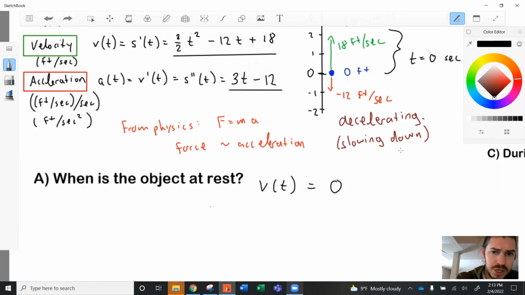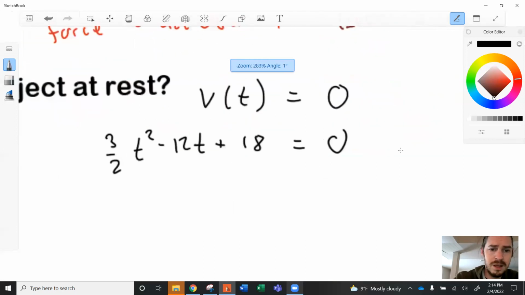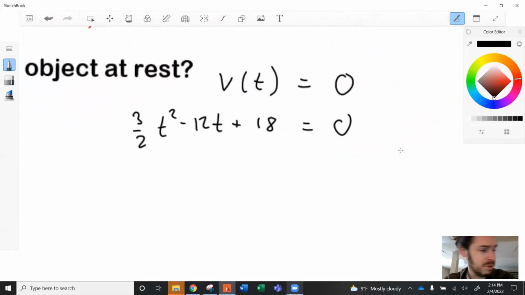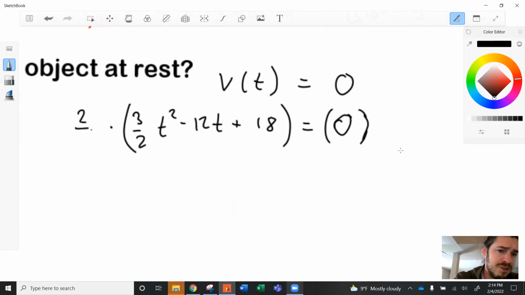So I'm going to write this equation. It is our velocity function, 3/2 t squared minus 12t plus 18 equals 0. Now let's try to solve that. The first thing I would want to do is simplify this significantly by multiplying by something to simplify the coefficients. I'm going to take both sides of this equation and multiply by 2/3.